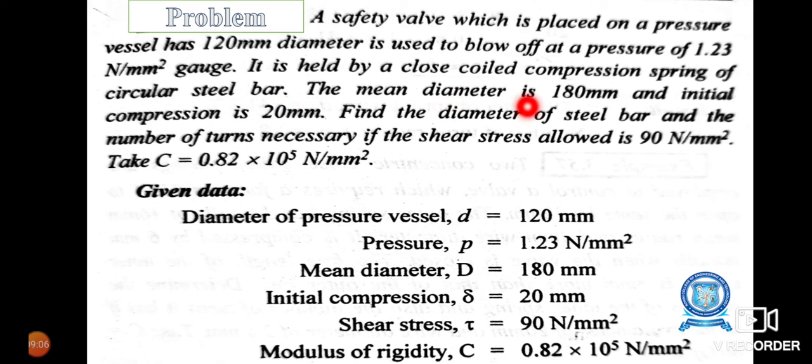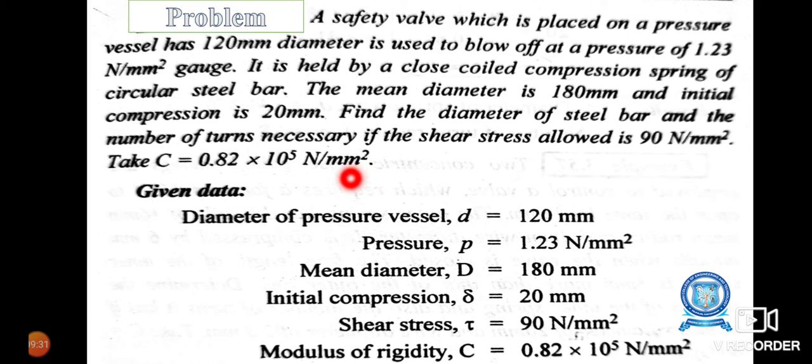The mean diameter is 180 mm and initial compression is 20 mm. Find the diameter of the steel bar and the number of turns necessary if the allowable shear stress is 90 Newton per millimeter square. Take C is equal to 0.82 into 10 power 5 Newton per millimeter square.